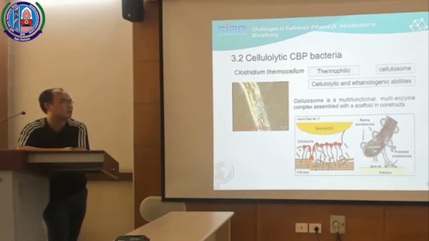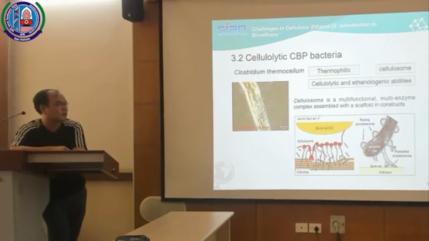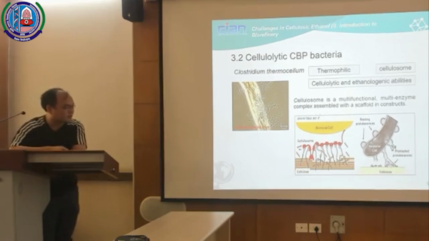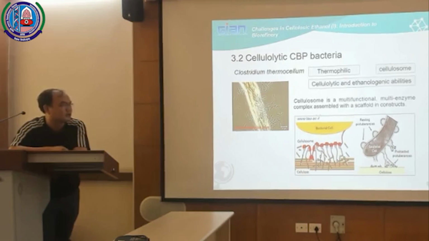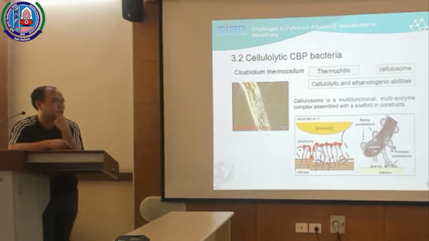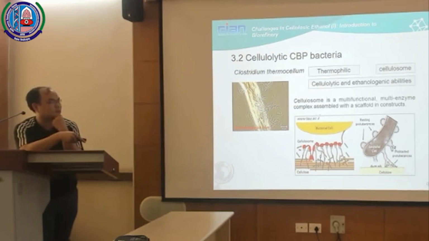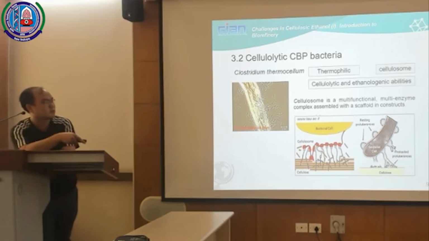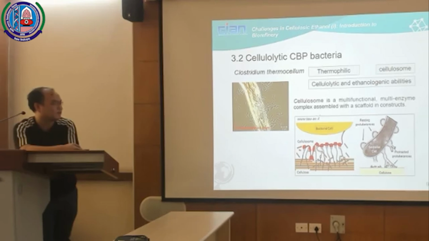Here is a schematic diagram. On the surface, there will be a CBM first. For each cellulosome, there might be a CBM. It is used to direct the orientation of the bacteria and absorb on the cellulose surface.